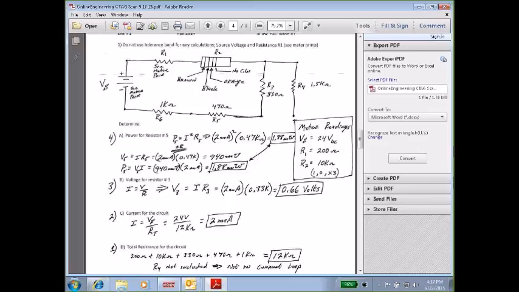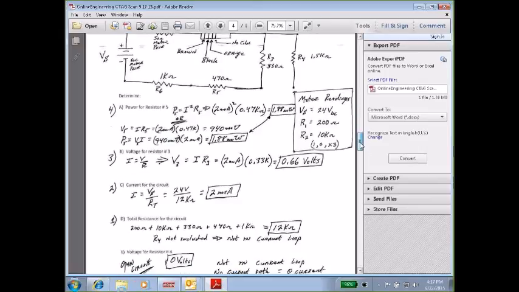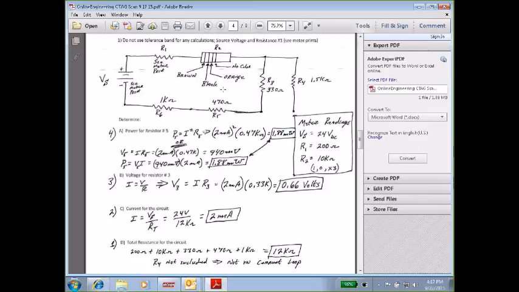And then the tolerance band up here has no color on it. I've got a note here: do not use the tolerance for any calculation, so you can ignore that one. Okay, so now we know this resistance value, we know this resistance value, and we know this source voltage.